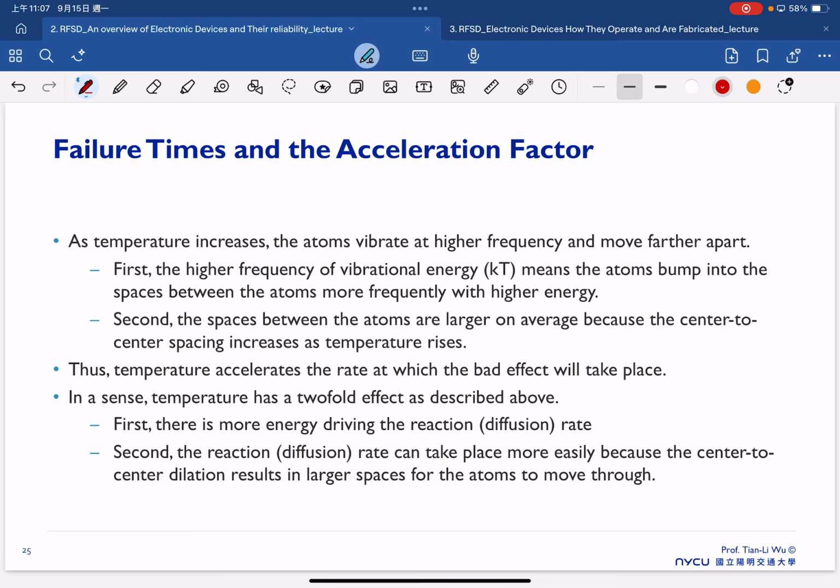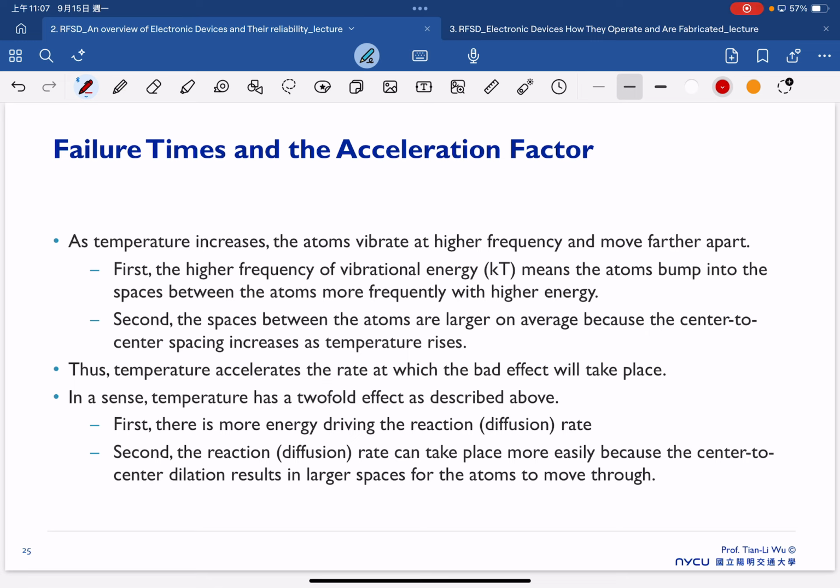Okay, so let's further move on. As we have already discussed a lot the values and the acceleration factors, this will be a kind of summary: how the temperature influences our degradation.